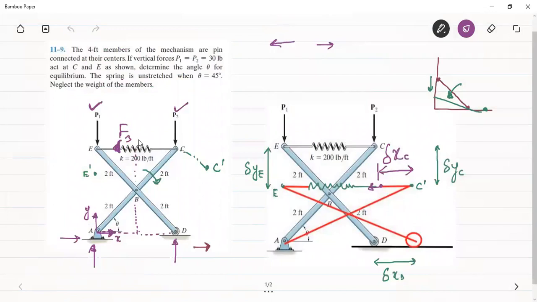We see here the spring is unstretched when theta is equal to 45. Therefore, this length will be the final length of the spring, and the initial length of the spring will be calculated when we put theta is equal to 45. Now, what is this length of the spring here?